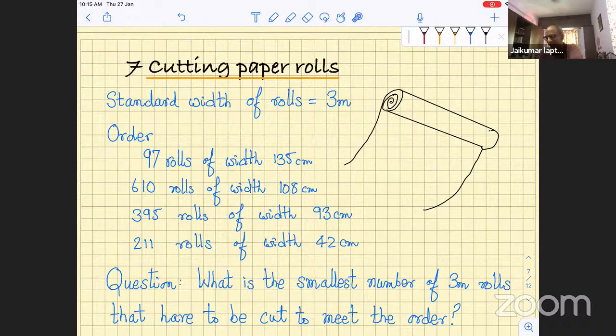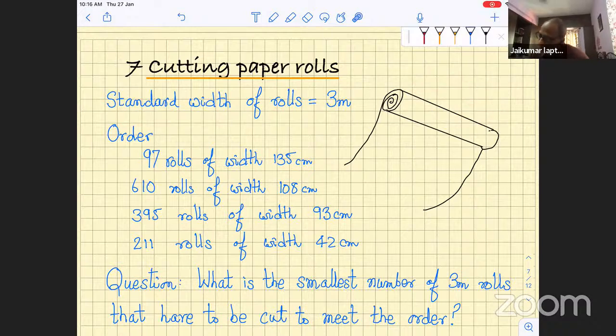So the question is the following. This is a roll of paper. I don't know if my picture looks like a roll of paper, but here is a big roll of paper of a certain length, and this is what the paper company produces. This length is 3 meters.